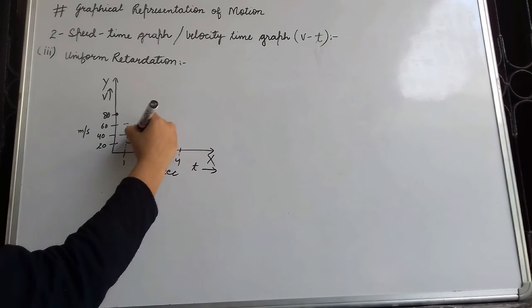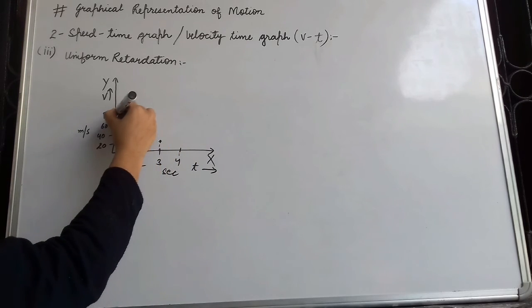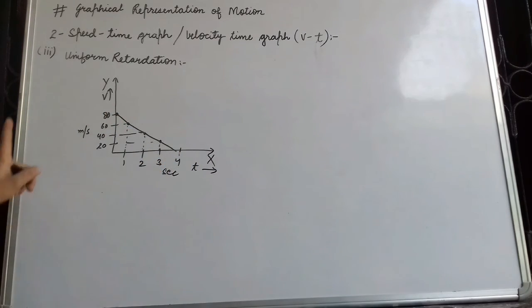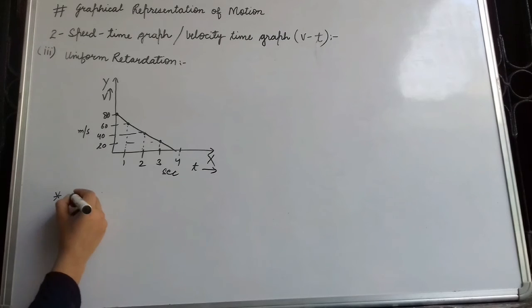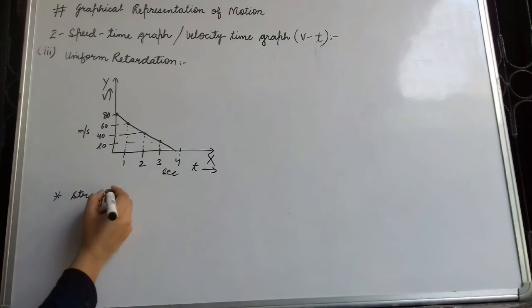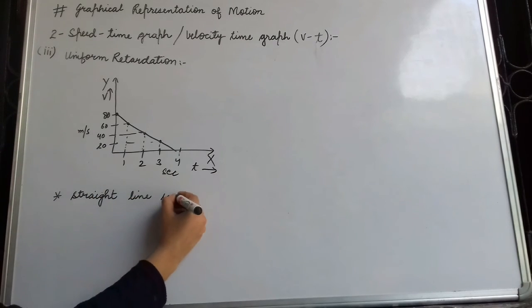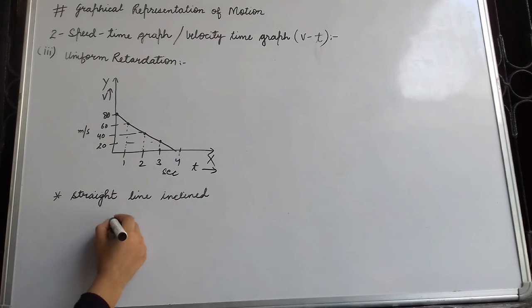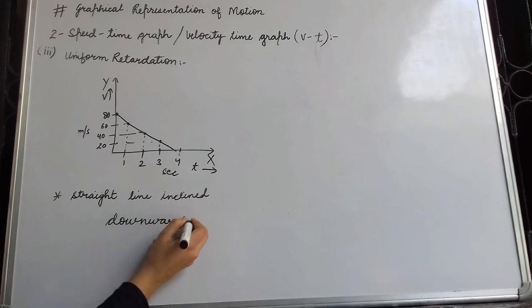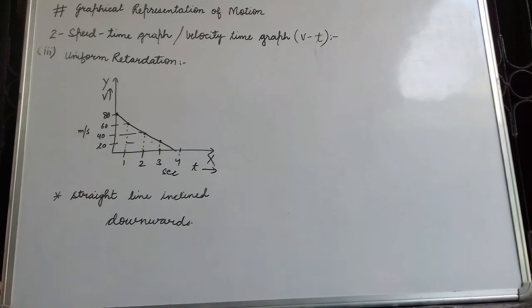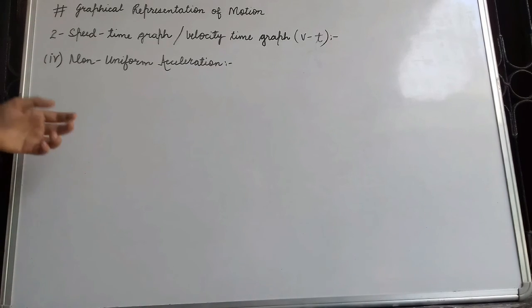In the next 1 second, it retards and its speed becomes 60 meters per second. It's uniform retardation, so the speed will decrease uniformly, and we get a straight line inclined downwards. So we can say that the velocity time graph for uniform retardation is always a straight line inclined downwards.